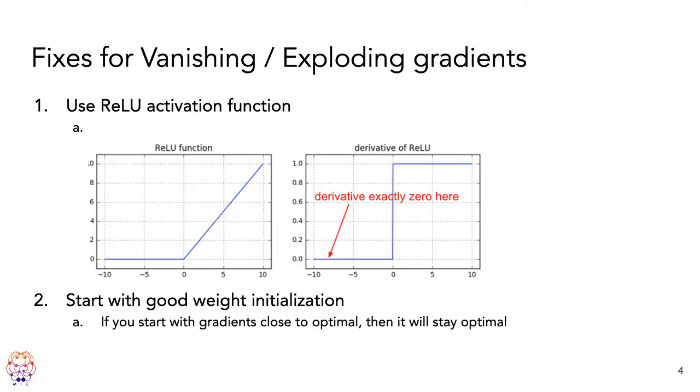So how do we fix this? Well, one is we could use the ReLU function. This is a different type of activation function where it's just the max of 0 and the value. Basically, anything below 0 has a derivative of exactly 0, and anything above has a derivative of 1. The reason we do this is so that if we want to discard any features that we don't think are important, it has an activation of 0.